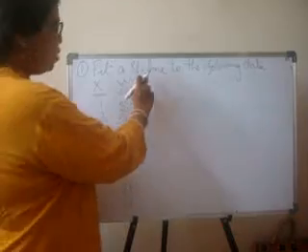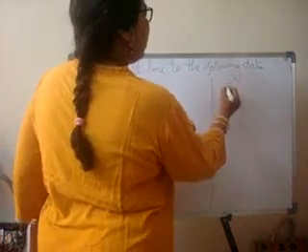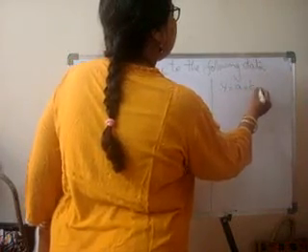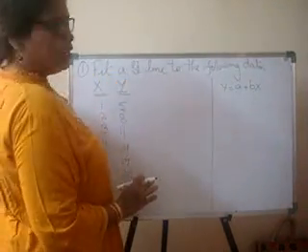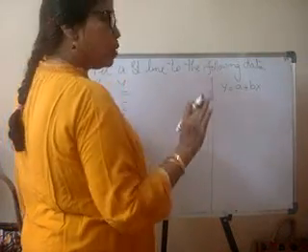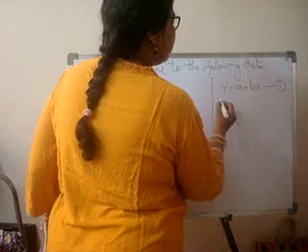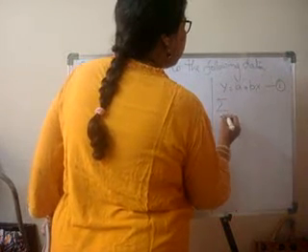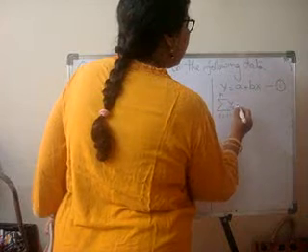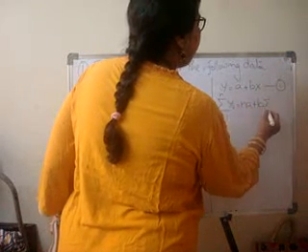Now, what is a straight line? Y is equal to a plus bx. This is a linear equation. To the linear equation, if we apply the principle of least squares, we get the normal equations. What are the normal equations? Summation over i going from 1 to n, yi equals na plus b summation xi.